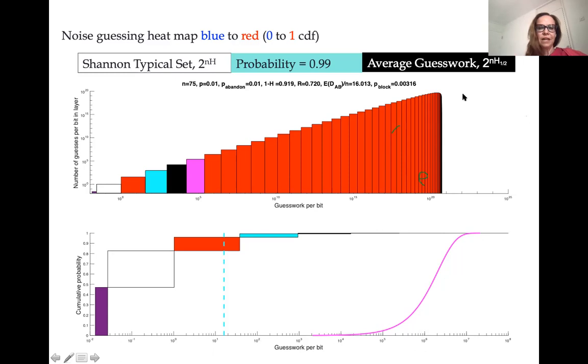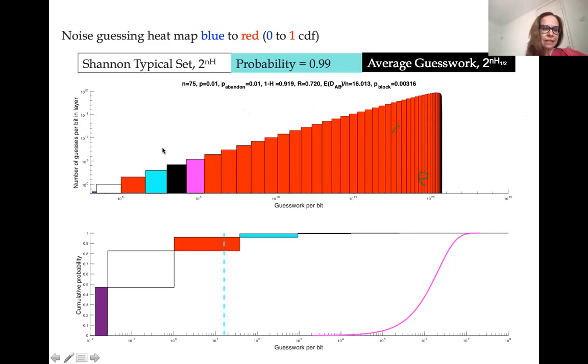Okay, and what we see here is that you hit the typical set fairly quickly, and with a number of guesses per bit, that's to say, how many guesses do you have to achieve until you guess that entire layer of noise possibilities, which is really quite low.